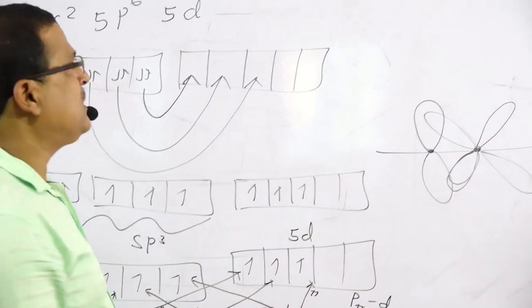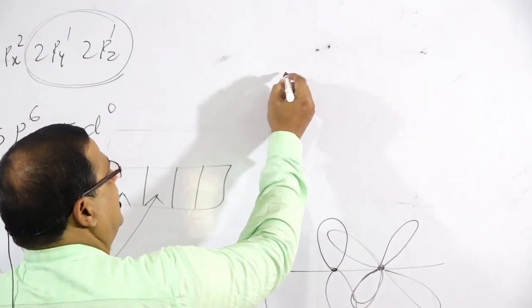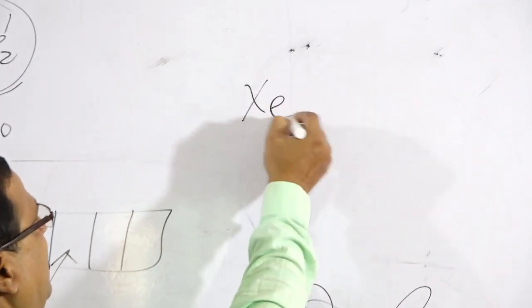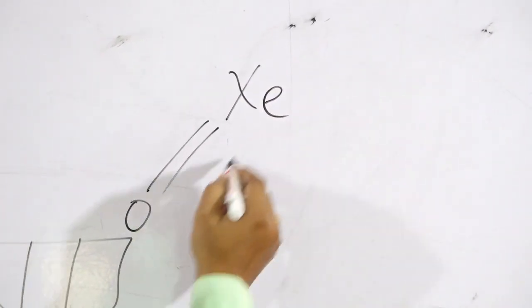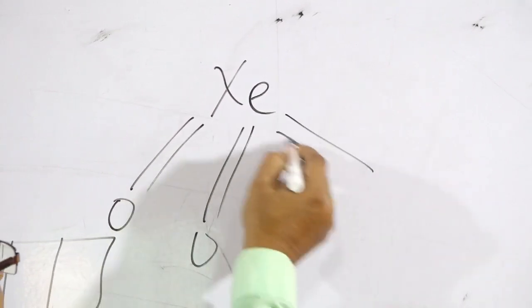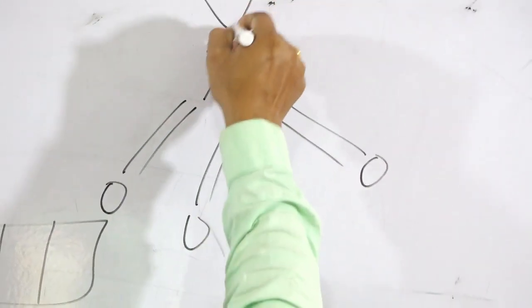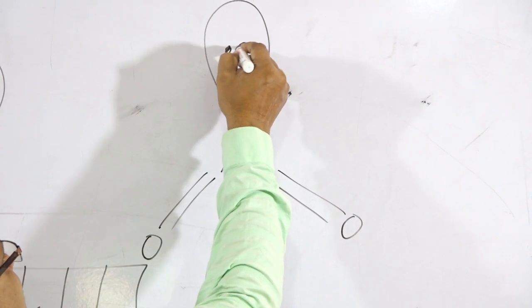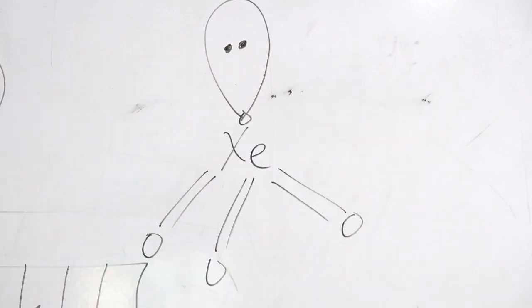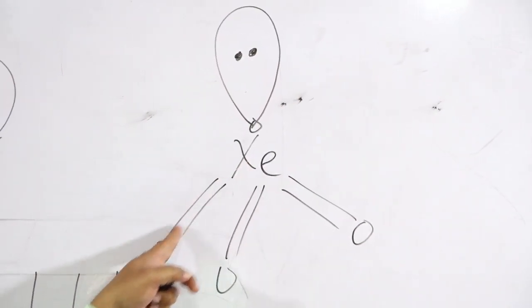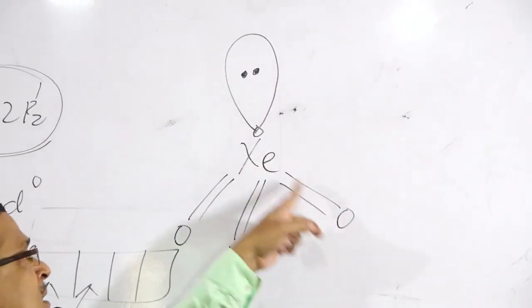And the structure for this one is just like ammonia: xenon, double bond O, double bond O, double bond O, and a lone pair of electrons. Just like ammonia, with the nitrogen atom at the center, N, H, H, H, lone pair.